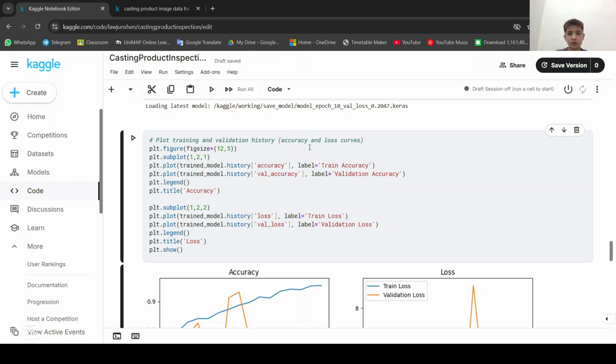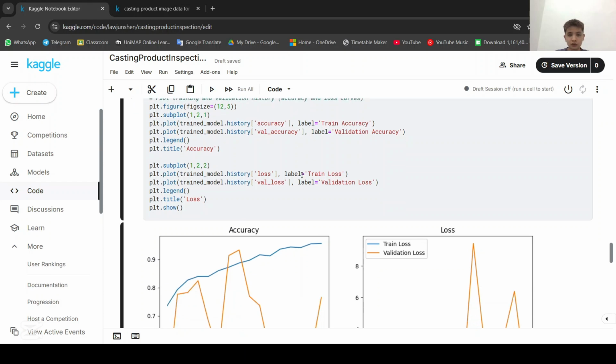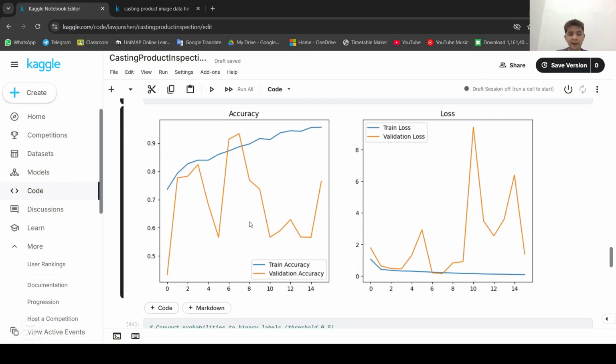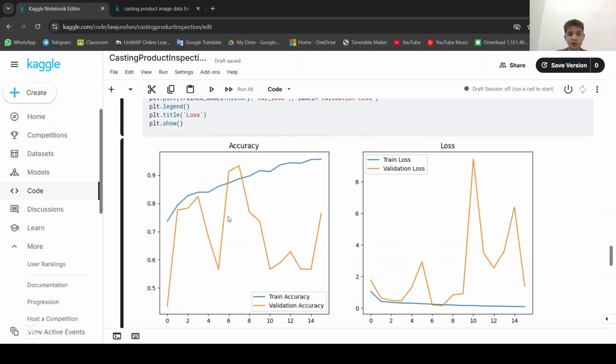After that, let's see the training and validation curve for accuracy and loss. In the accuracy part, we can see the training is increasing almost steadily, but the validation is quite different, maybe because it has some overfitting, but we get the best one at epoch 7.